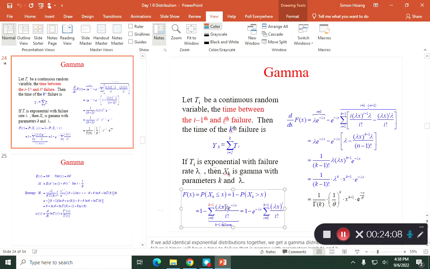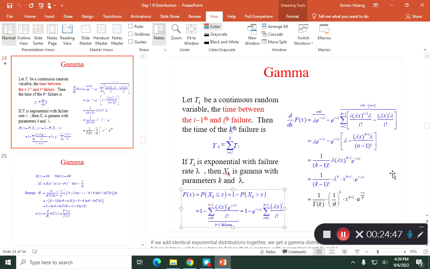And if you have k minus 1 failures in between, the CDF can be written this way by taking the exponential part, because that part is consistent, with only the failures from 0 to k minus 1 inside. Then if I rewrite this equation for the derivative, or find the PDF from the CDF, from i equal to 0, and then from i equal to 1 to n minus 1.